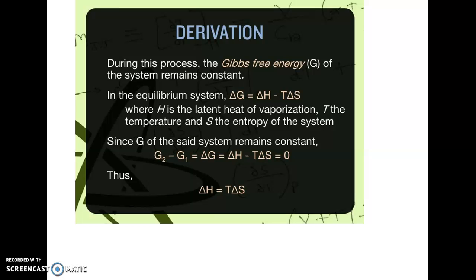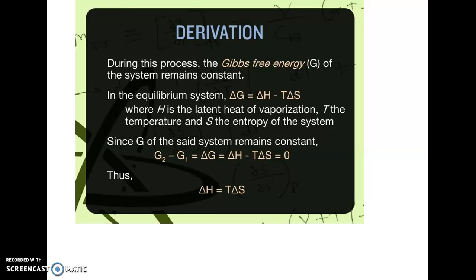In an equilibrium system, delta G is equal to delta H minus T into delta S, where H is the latent heat of vaporization, T is temperature, and S is the entropy of the system. Since the free energy of the system remains constant, we can put delta G equal to delta H minus T delta S equal to 0.